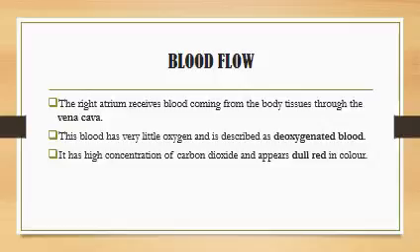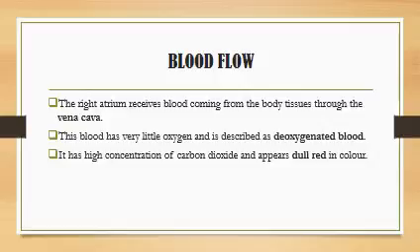The blood from the rest of the body, which is joining the right atrium through the vena cava, has very little oxygen and is described as deoxygenated blood because it is coming from the tissues where respiration has taken place, which means it has little oxygen but more carbon dioxide.